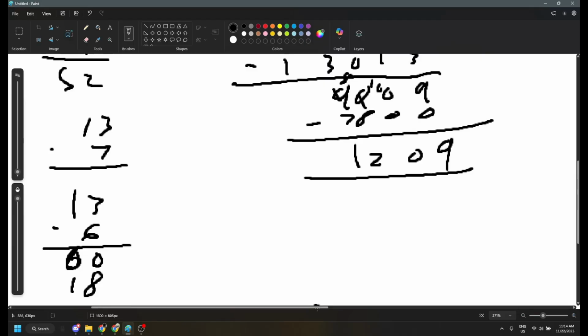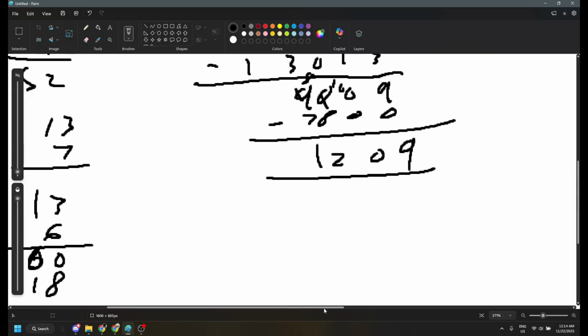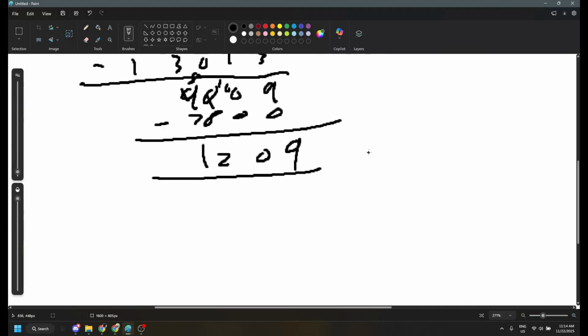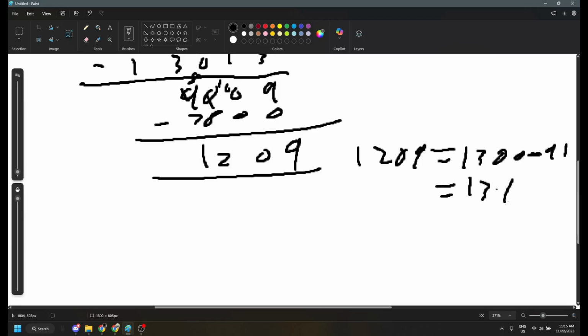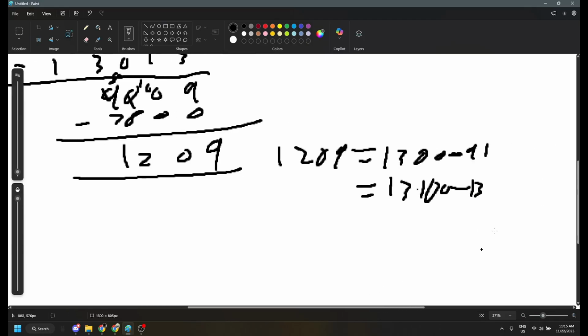And then we see, okay, so we see 1209 is equal to 1300 minus 91. And we know that that's equal to 13 times 100 minus 13 times 7.